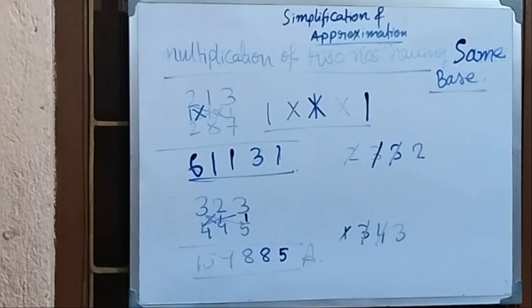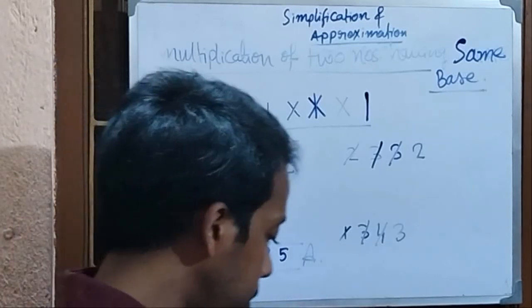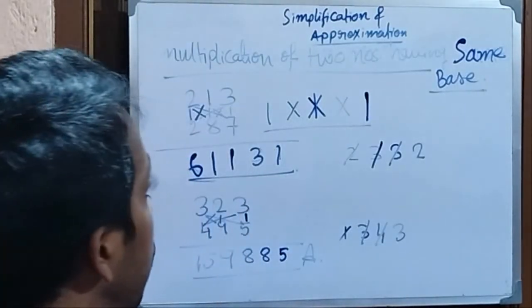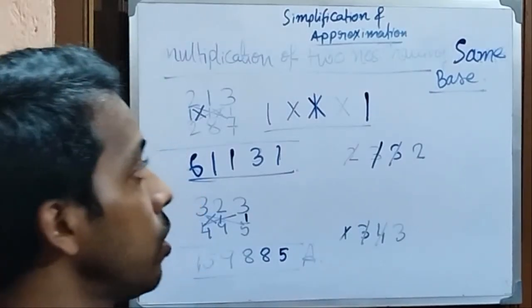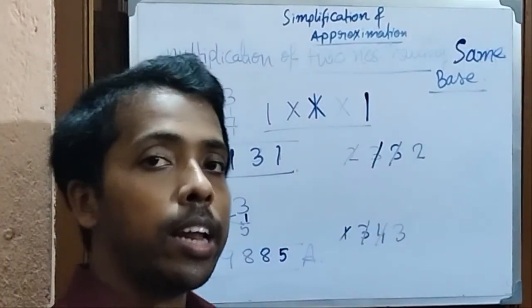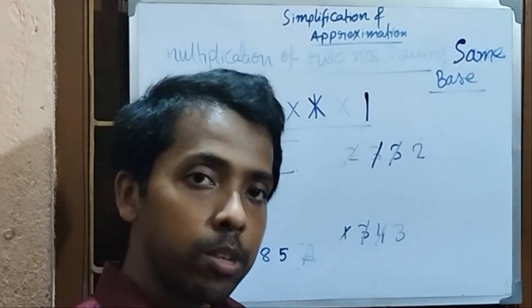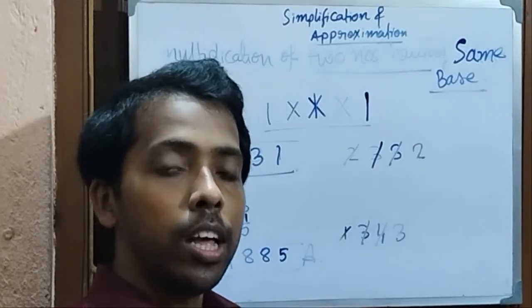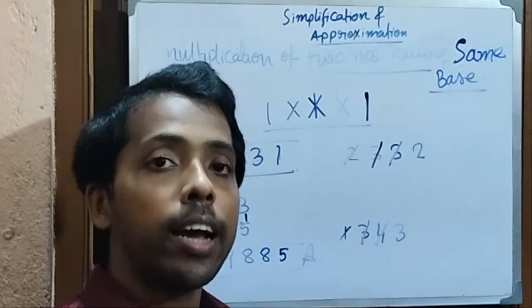Right? I hope this much stuff is okay. So we learned a few processes, a few tricks here in this session, and in the next session we will solve some simplification and approximation questions, and by solving those kinds of questions we will learn some more about the importance of unit digit and digit sum.